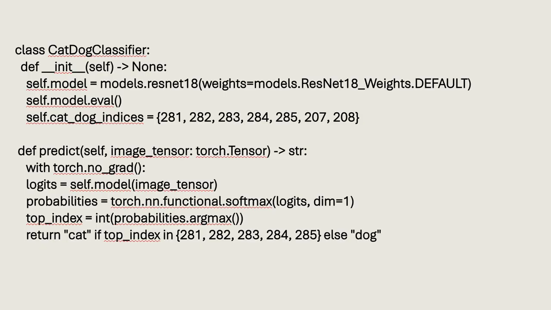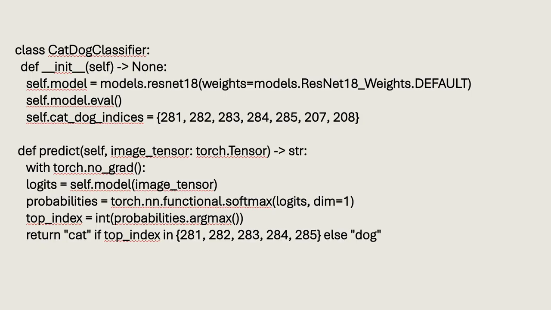Then it is passed into the next function, which is torch.nn.functional.softmax. Softmax is applied to the logits, which converts the raw scores into probabilities, where all the values lie between zero and one and their sum equals one, which means each probability represents how confident the model is about the class.